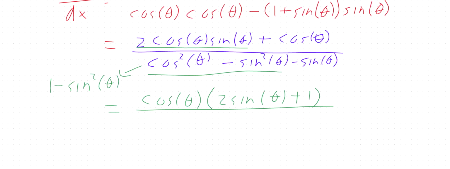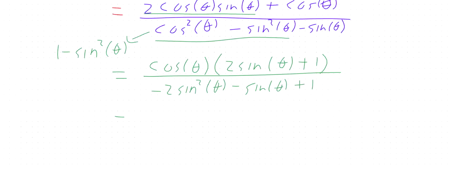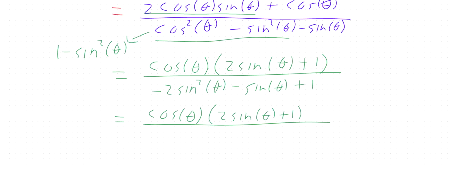So we get a negative 2 sine squared of theta, minus sine of theta, plus 1, which we could factor into 1 plus sine times 1 minus 2 sine.